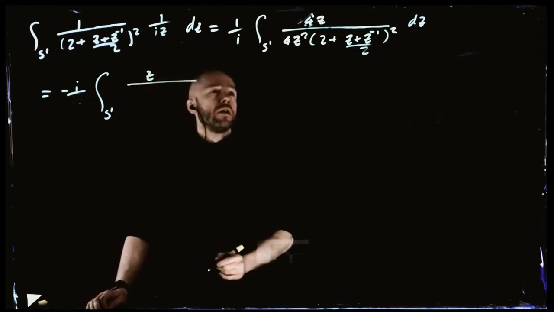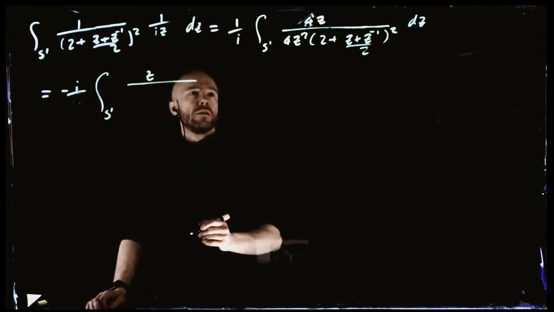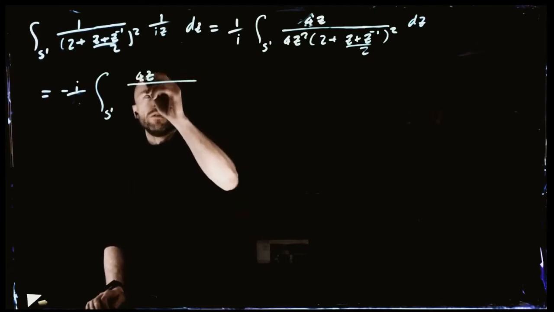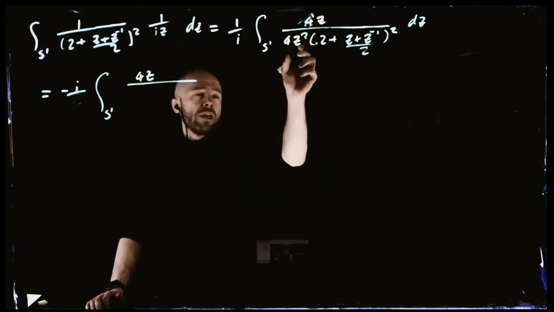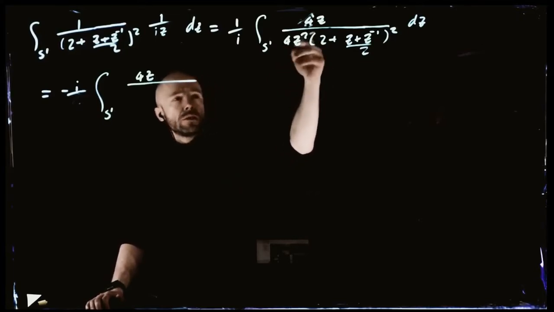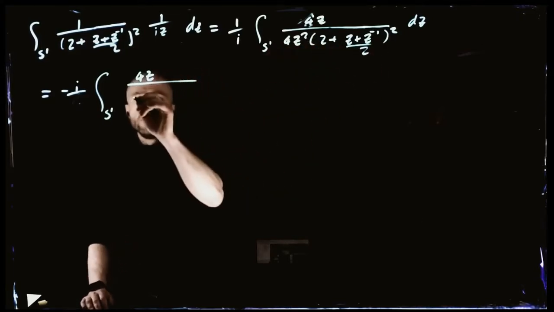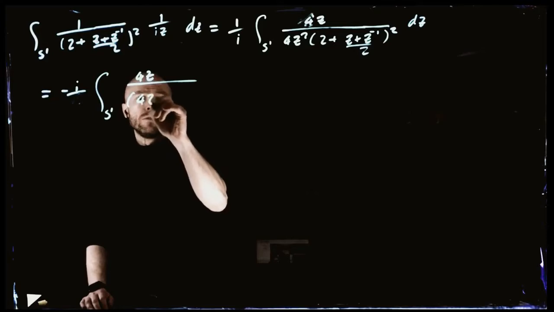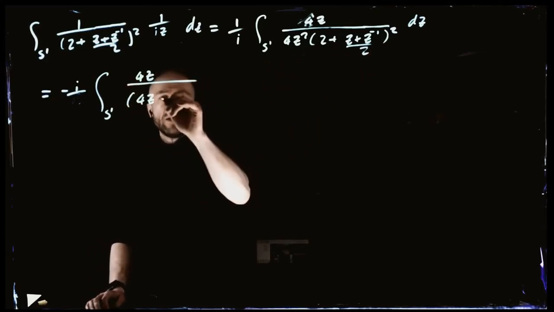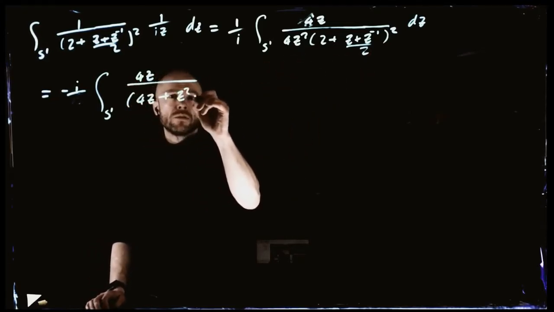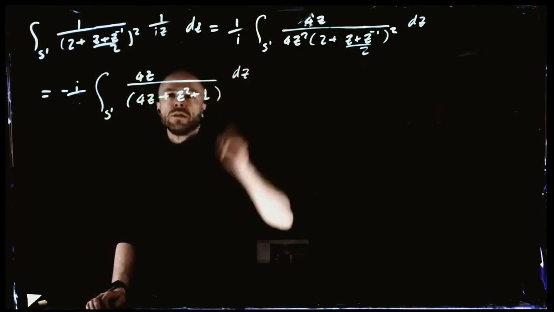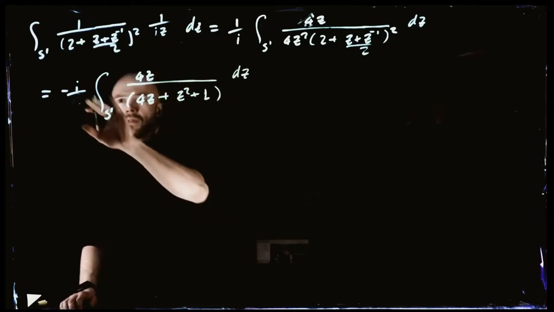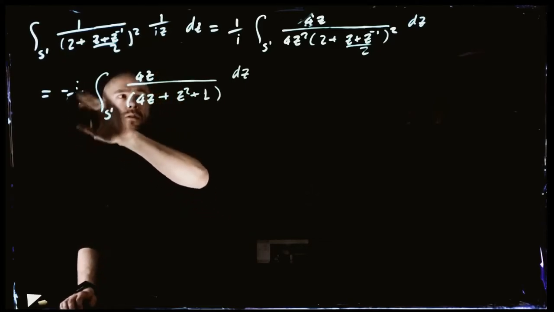Oh, sorry, stupid. We do indeed have the 4, because I'm taking the 4 through this. So when I write this thing as 2z squared, then I take it through. So then I'm going to have 4z, and then z squared plus 1, like this, dz.